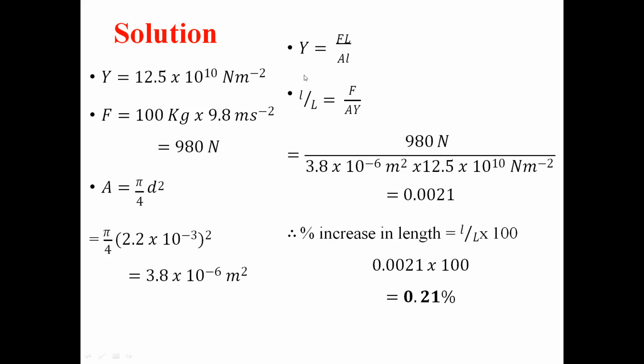Substituting in the formula Y equals F L by capital A into small l, it converts to small l by capital L equals F by A into Y. Substituting the values: F equals 980 newtons, area 3.8 into 10 to the power of minus 6 meter square, into 12.5 into 10 to the power of 10 Newton per meter square.